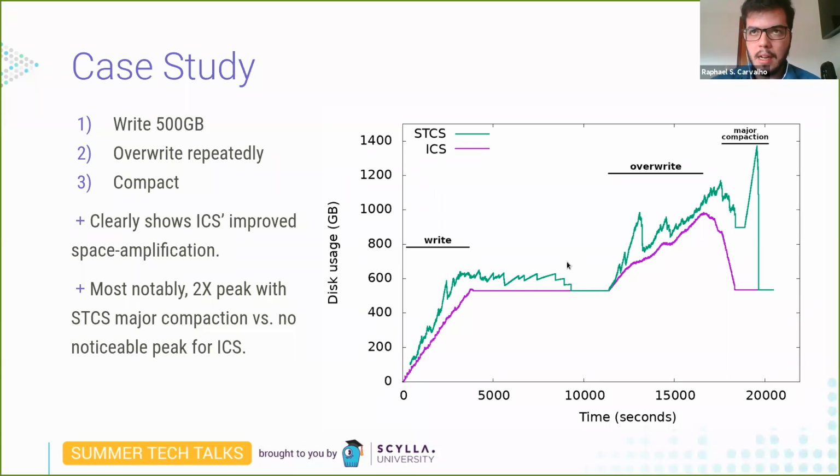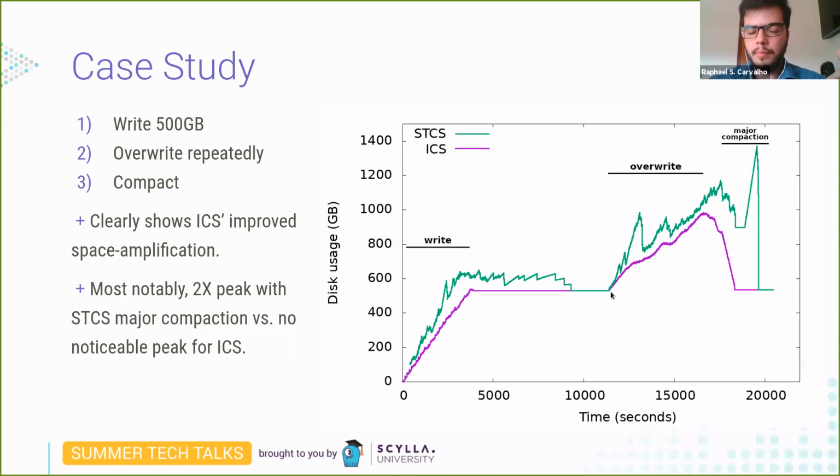Because like Ben explained, STCS has to wait for compaction to complete before releasing the SSTables involved in the compaction procedure. So that's how this incremental compaction approach allows ICS to reduce the disk usage and provide the user with much more predictable disk usage for a different set of workloads.